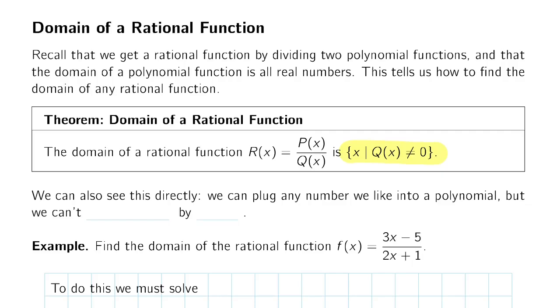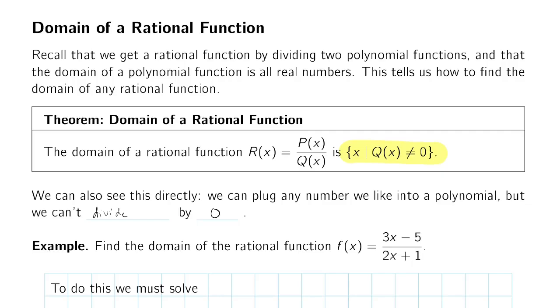Of course, we can also see this directly. We plug in any number that we like to a polynomial. We can do all of that arithmetic, but we can't divide by 0. We're using this function algebra perspective to talk about our rational functions as much to practice our function algebra perspective as we are to actually find out the domain.